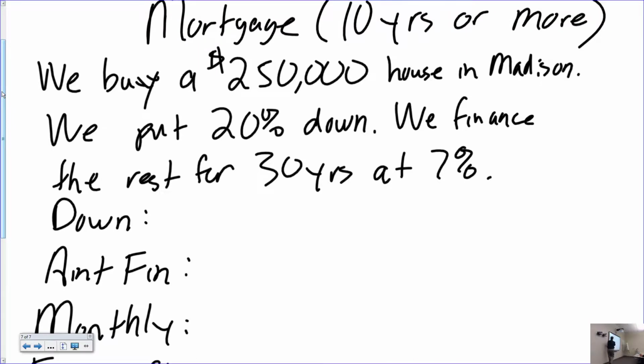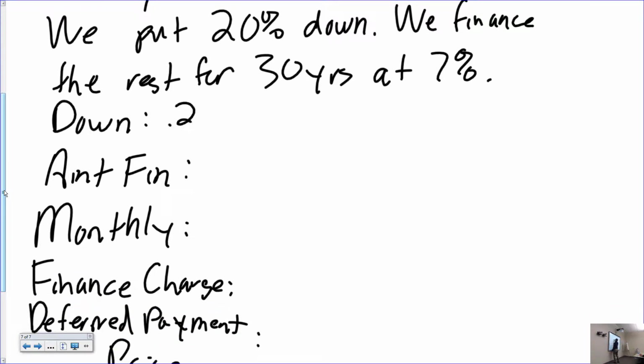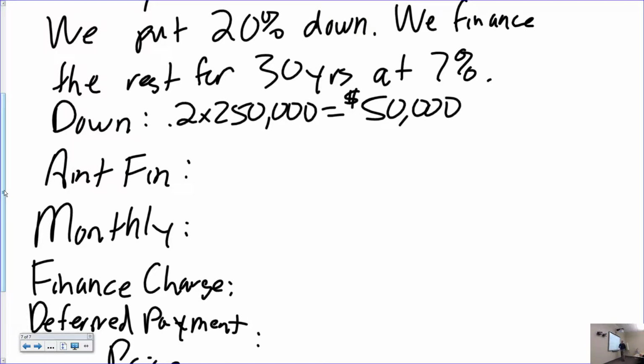Okay? So, how much did I have to put down in my house? That's the first number that makes you sick, right? If you're going to buy a house in Madison, folks, you need to have $50,000 in cash before you can even really start looking. Again, there's nothing wrong with having to get private mortgage insurance, folks.